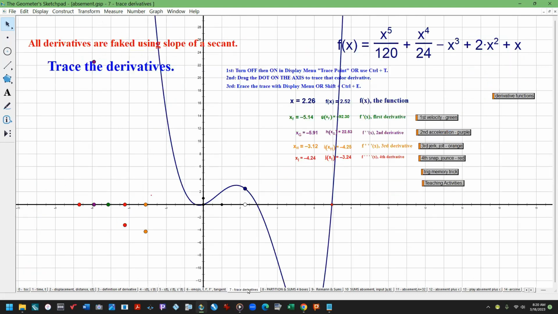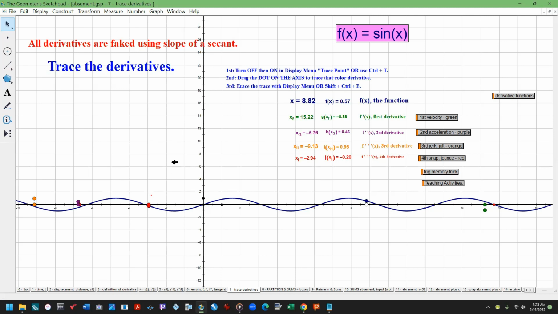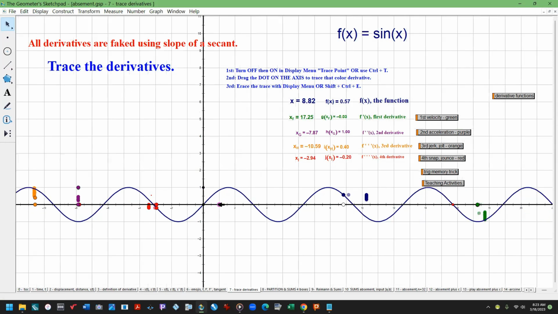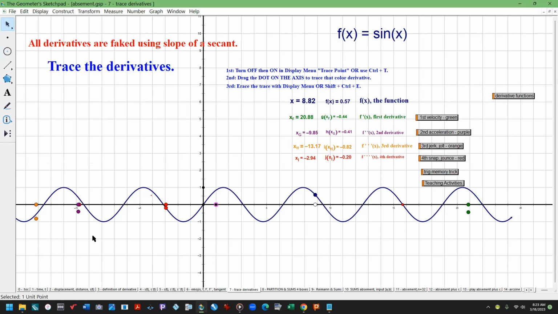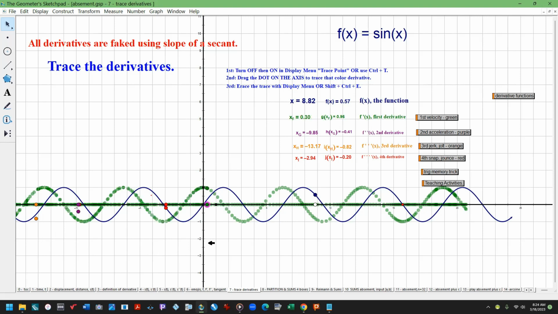We could also look at a tracing feature. Let me make it a little more visible. Let's go with the first derivative. The first derivative, the derivative of the sine, should be the cosine.